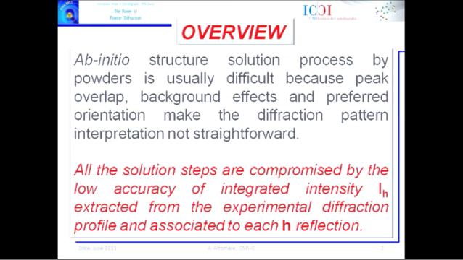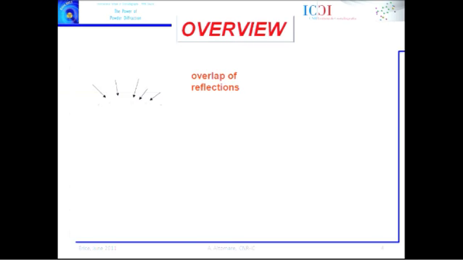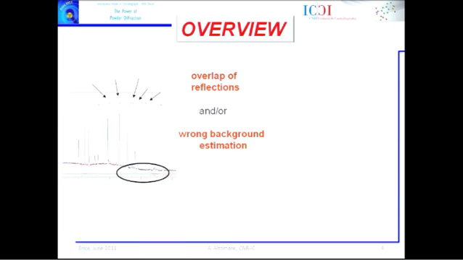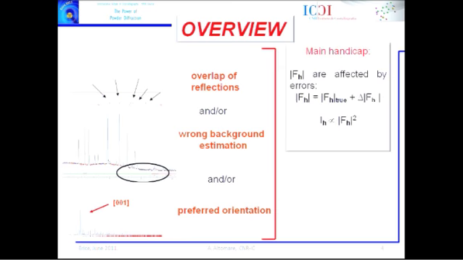In fact, peak overlap, wrong background estimates, and preferred orientation introduce errors on the structure factor moduli, and this makes the difference with respect to the single crystal case.